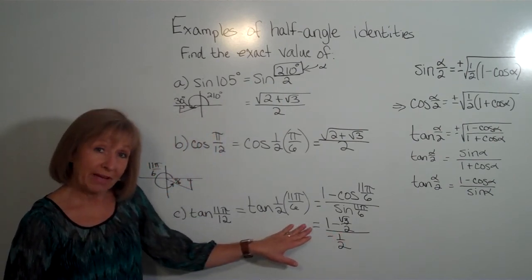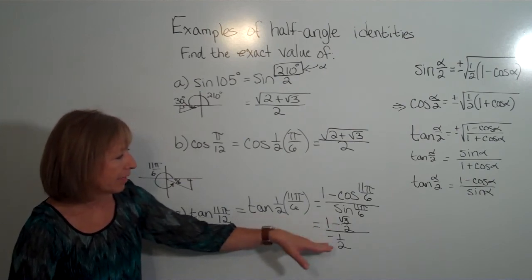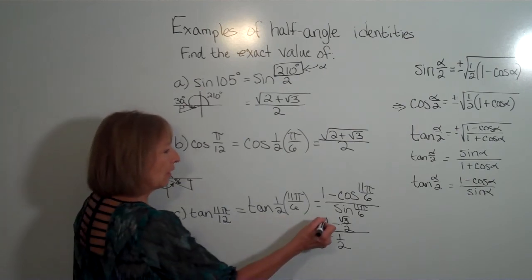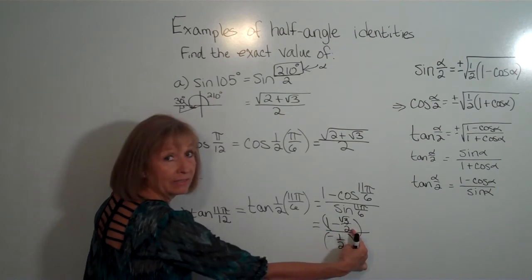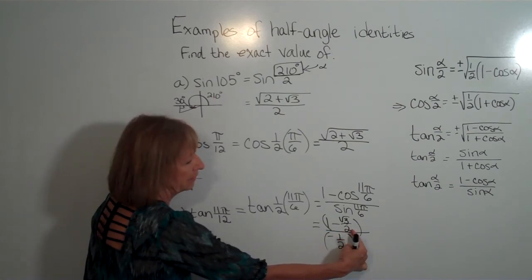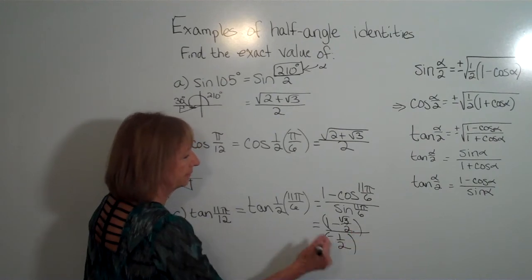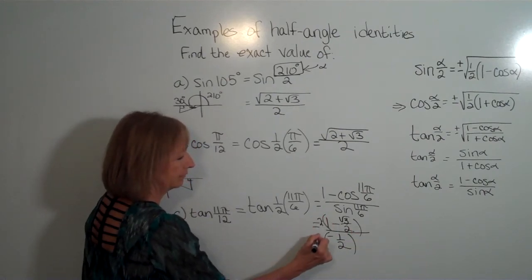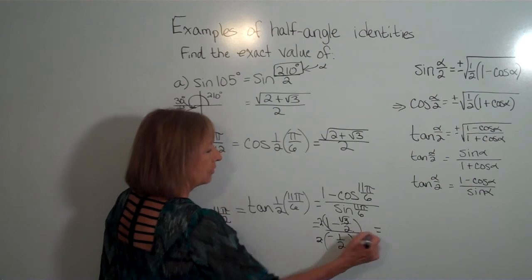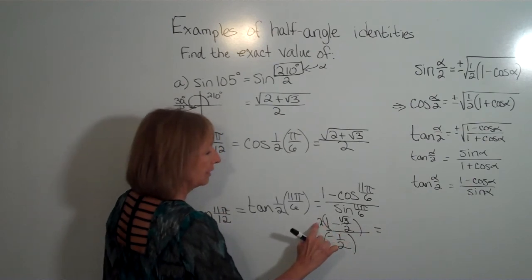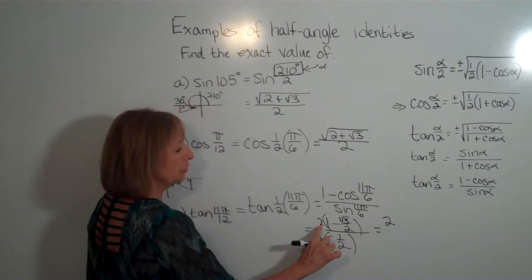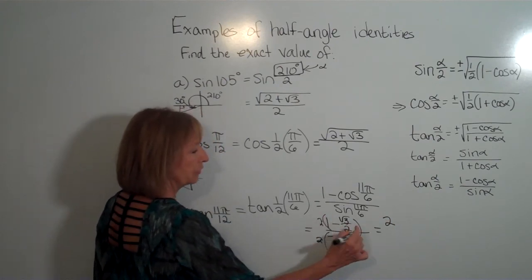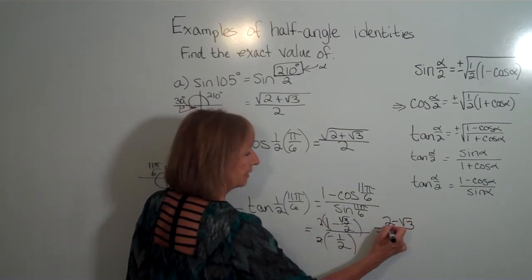Now I want to simplify this, and I have a fraction and a fraction, so I'll multiply the top and bottom by the lowest common denominator of these fraction pieces, which is going to be 2. So I get 2 times 1 is 2, and then 2 times negative the square root of 3 over 2 gives me minus the square root of 3.